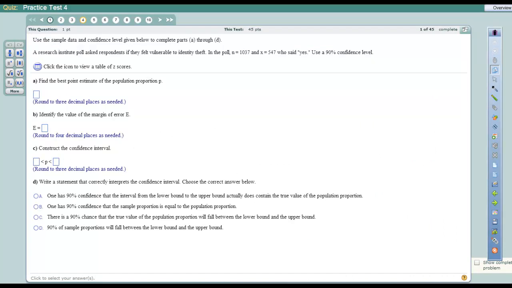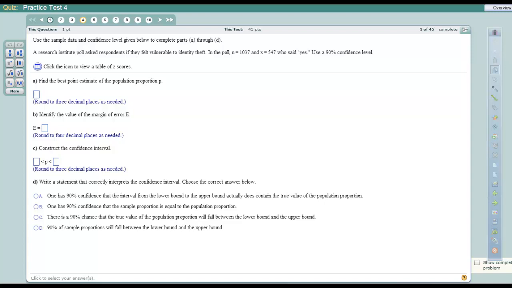Here it says use the sample data and confidence level given below to complete parts A through D. A research institute poll asked respondents if they felt vulnerable to identity theft. In the poll, n equals 1037, and x equals 547 who said yes. Use a 90% confidence level.